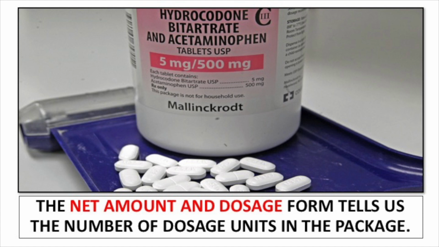That means one of these tablets is 5 milligrams. But the entire product is 500 milligrams. So that means there are 100 tablets inside the container, and each one is 5 milligrams.